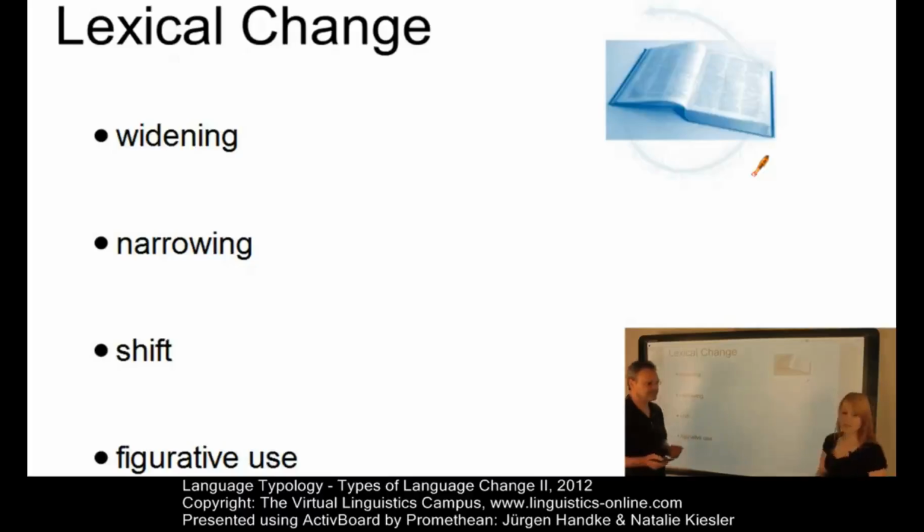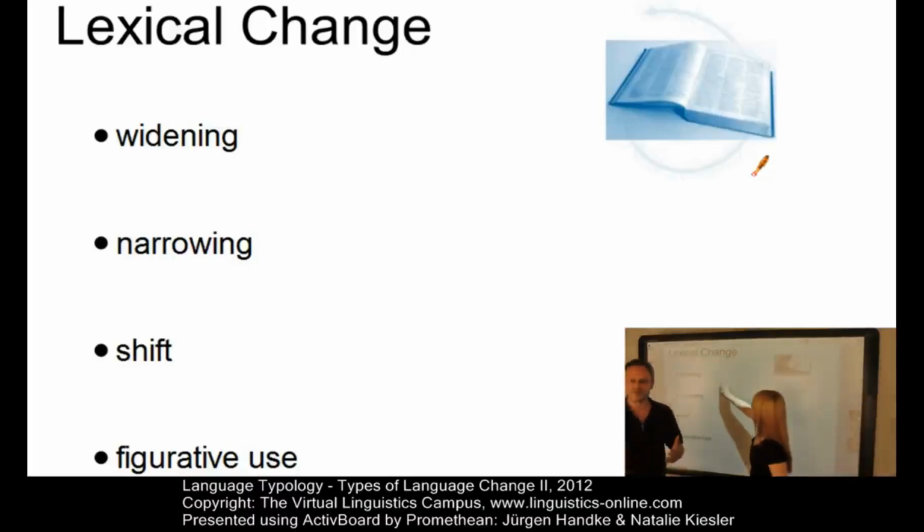Well, there are two basic principles which are involved. First of all, the arrival of new words, and second, the loss of already existing lexemes. But these types of changes can be subdivided further into widening, narrowing, shift, and figurative use. Let's start with widening.